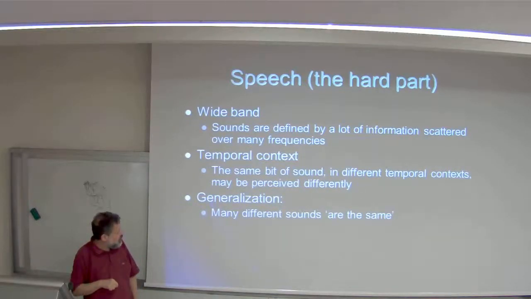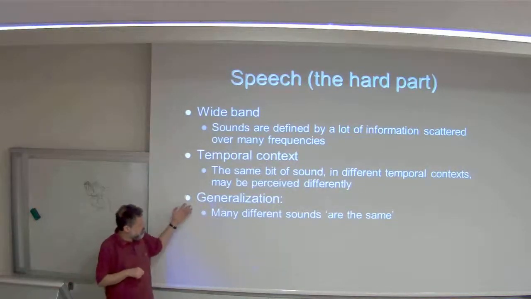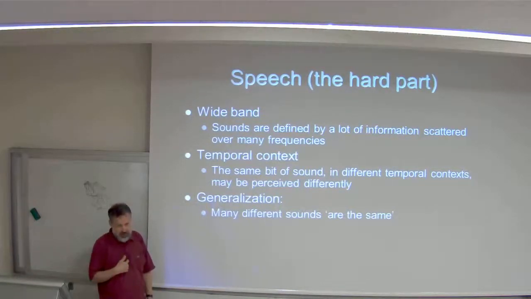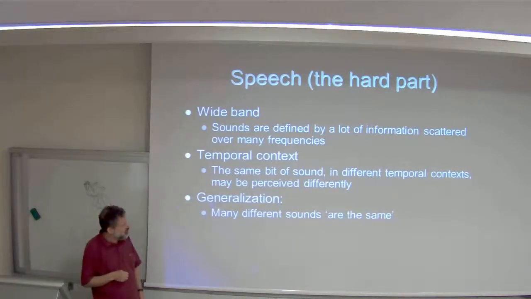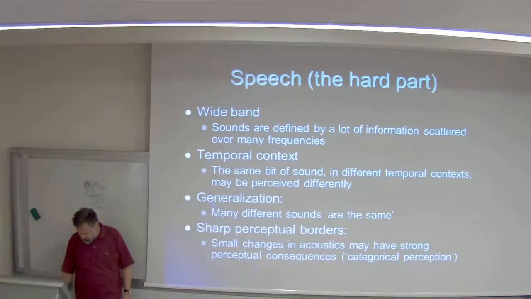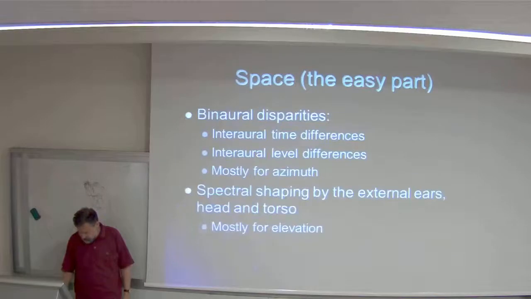So you have this issue of generalization, not only the fact that many sounds are the same, although they are physically different. When I say twice, my twice will be different, and so on and so forth, but you hear them as the same thing, but also you have these sharp perceptual boundaries.